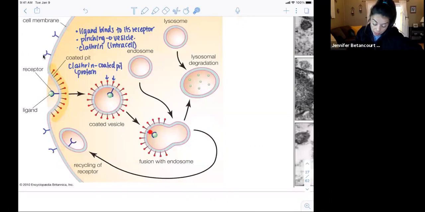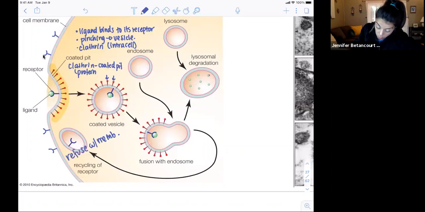And then the remaining receptor will be recycled into its own little vesicle. And then this vesicle refuses with the membrane and then the receptor's back on the membrane surface. So we say, refuse with membrane. Okay, cool. And then the molecules themselves will go on to wherever they are needed.